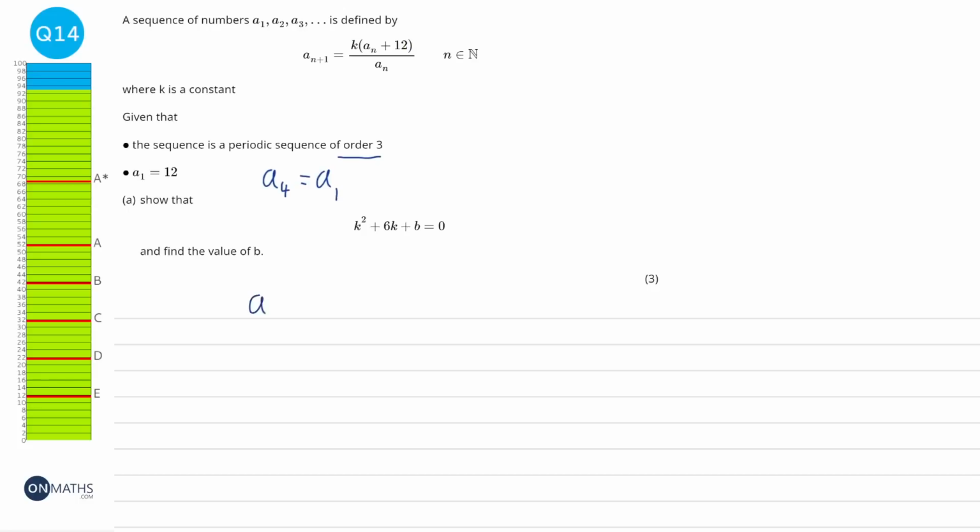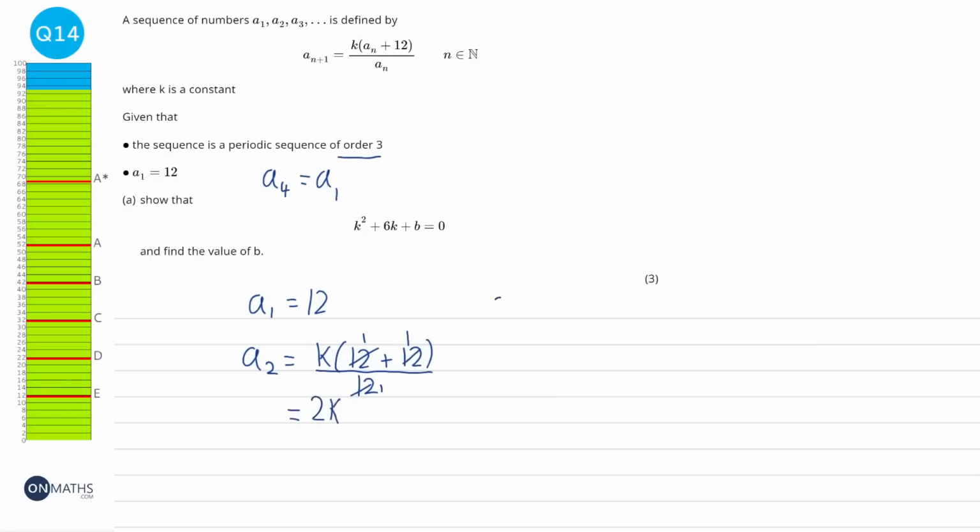So we're going to start with A1, which equals 12. Then we're going to feed that into the formula there to find the next term. So it says to do k times A1, which will be 12, plus 12, and all of that over the A1, which is 12. And we can cancel these. So it'd be 2k.